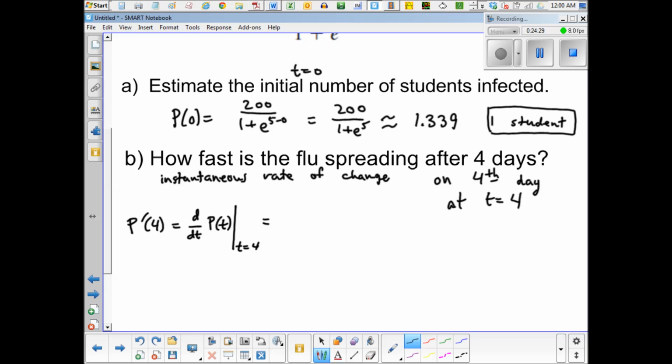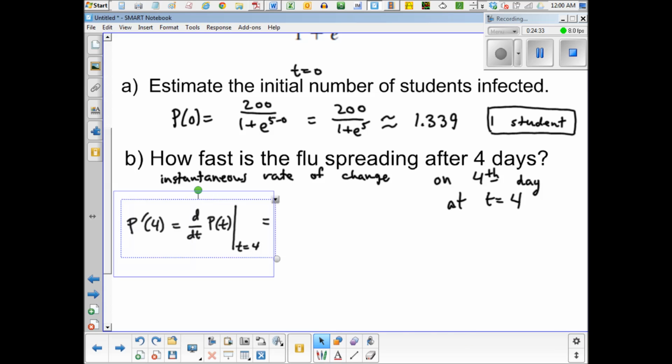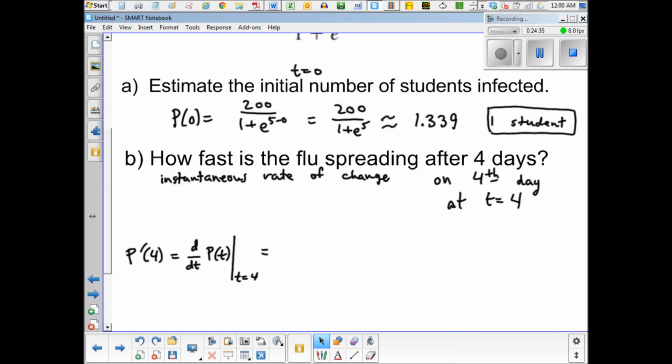The first thing I would probably do is go back to my original function and move this here. Okay, the original function was not written in a very friendly form. It was p of t equals 200 over 1 plus e to the 5 minus t. I would rather write that as 200 times 1 plus e to the 5 minus t, to the negative 1.